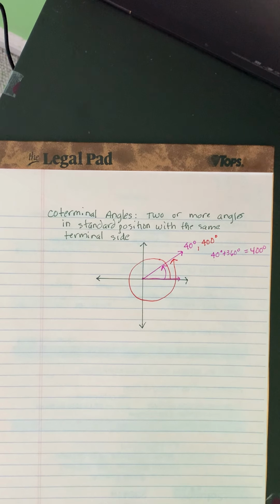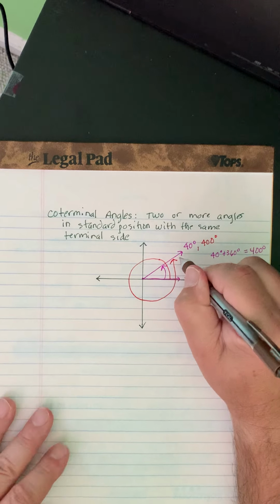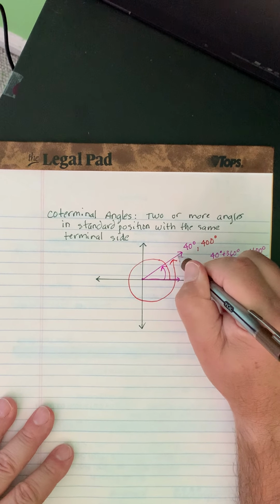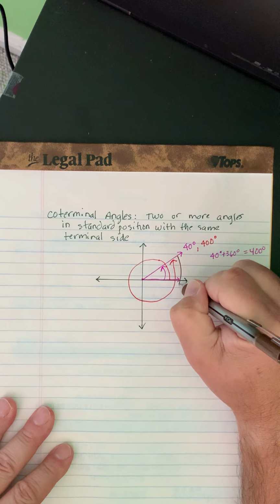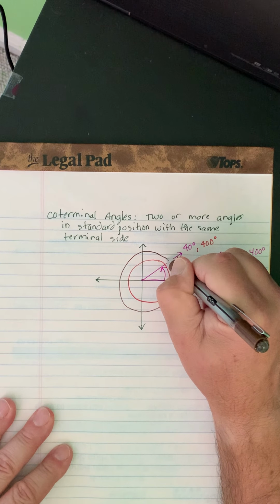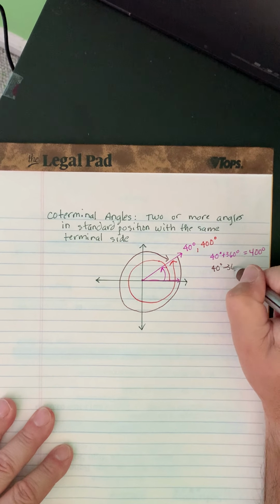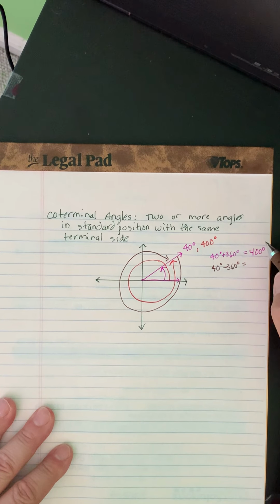Okay, now let's say I wanted a negative one. So again, I want to end up here. So if I want to go backwards to get to here, I would start here, go around this way, and I would actually be subtracting 360 degrees, which would give me negative 320 degrees.